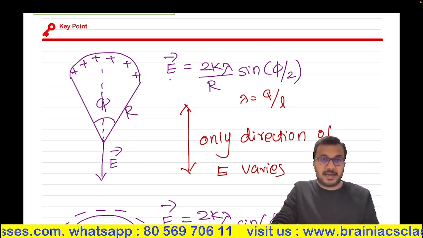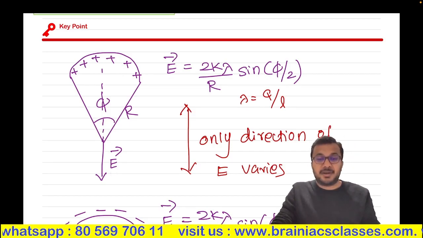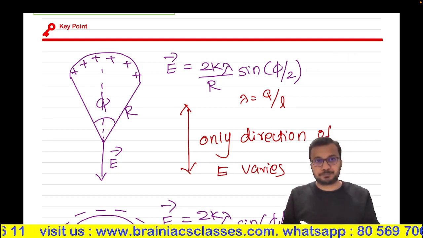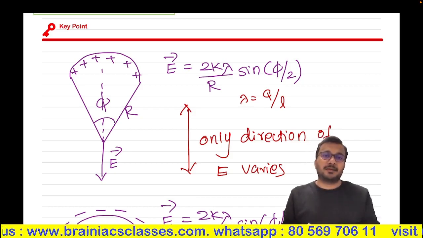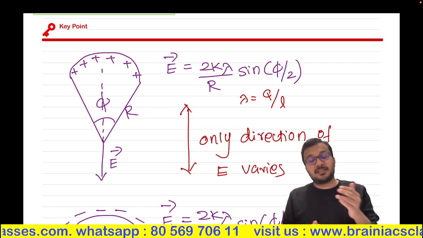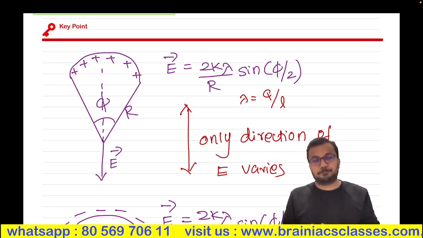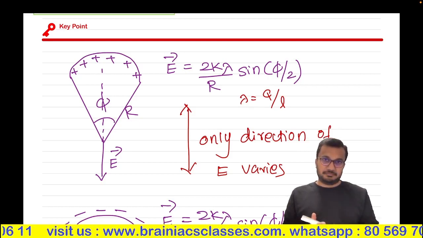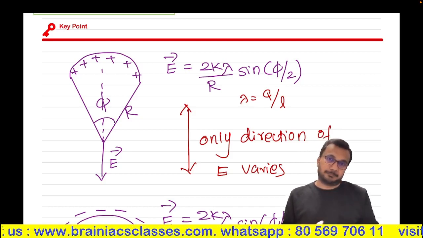The electric field has a value 2k lambda divided by r into sine phi by 2. We have discussed another problem based on the same equation in the part 2 video also. So this is another flavor of that particular formula.